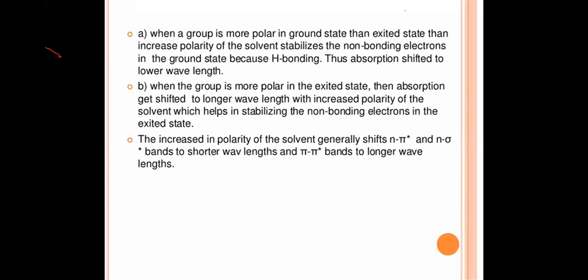If unsaturation, that is a double bond or triple bond, is there, there is a presence of pi bonding. And if it is a saturated one, there is a presence of sigma bonding and sigma electrons. So based on the type of electron involved in the bonding, the further spectroscopy is observed and studied.